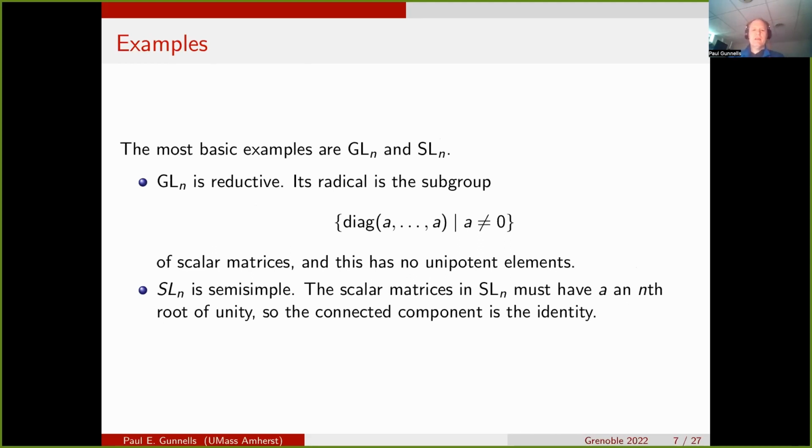To be a scalar matrix in SL_n, well, the determinant has to be one. That's the definition of SL_n, I should have said, just assume you knew it. But that means that the product of these, a^n, has to be one. So a has to be an nth root of unity. So the connected component in that case is just the identity matrix. So that's why it's semi-simple.